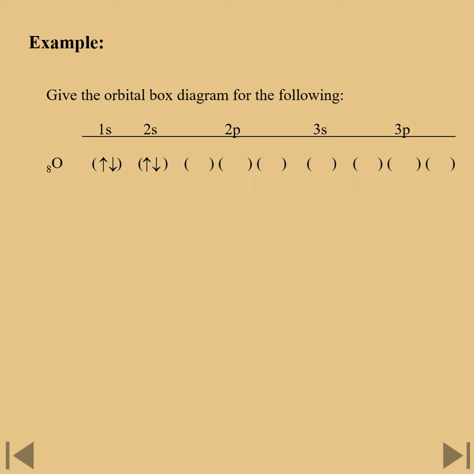So again, one arrow up, and one arrow down. There's 4 electrons, and I have 4 more. So I'm going to put 1, 2, 3 up, and then the fourth one, I'm going to join one of these going down. So there are the 8 electrons around a neutral atom of oxygen.